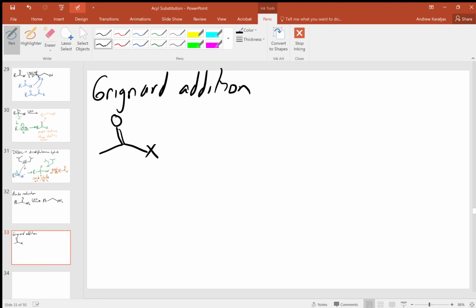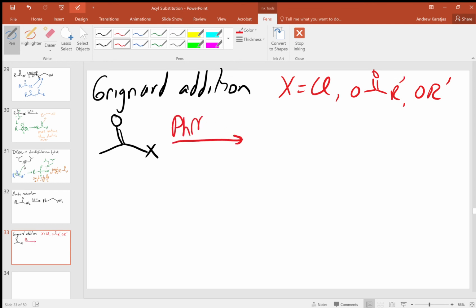But here's our X, and again, that X can be the acid chloride, it can be the anhydride, or it can be an ester. And so if we add a Grignard to it, our Grignard adds in, and we form the tetrahedral intermediate.